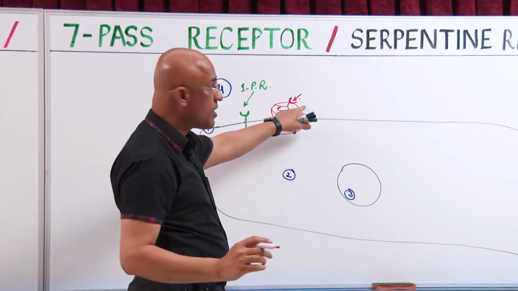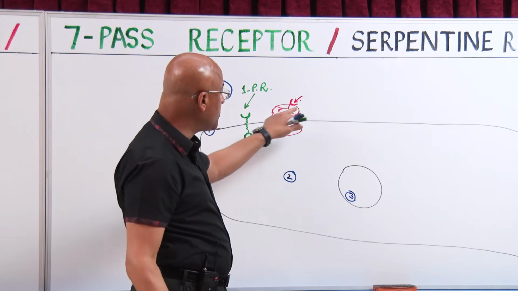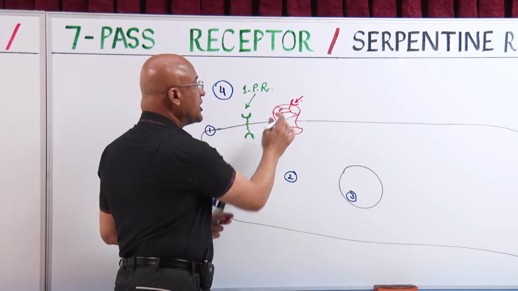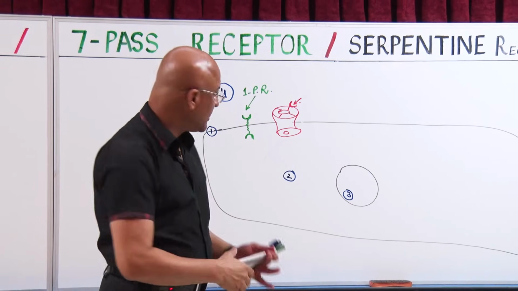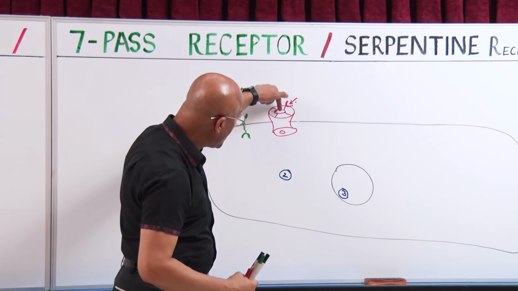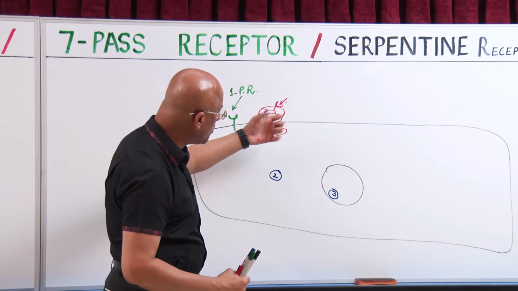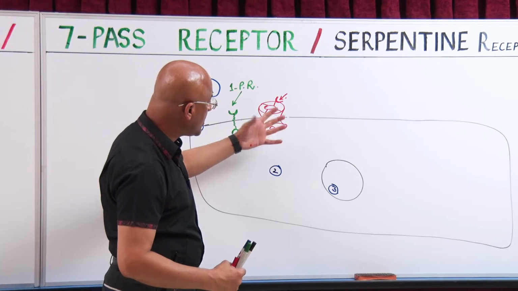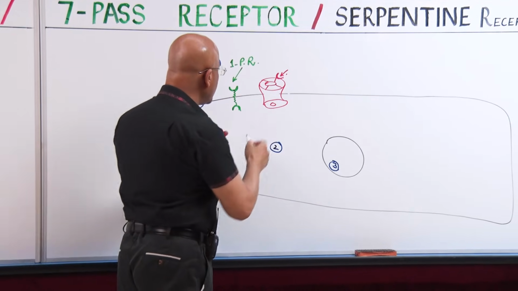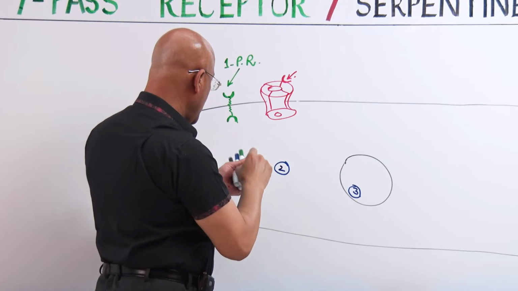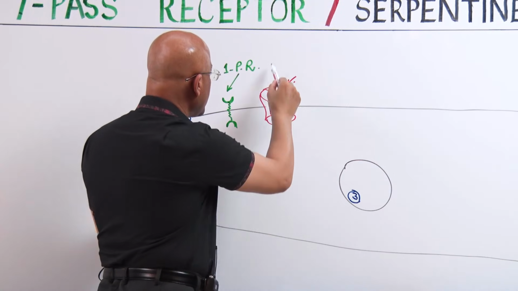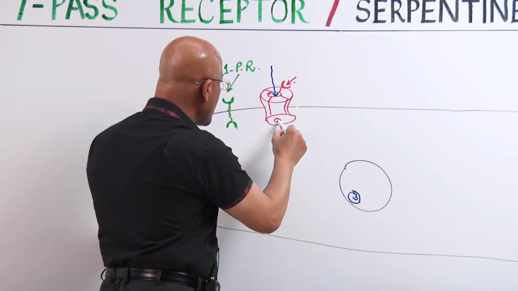So this will be the ligand binding domain, and when it binds here, let's suppose it changes the frequency of opening and closing of this receptor. So this tunnel which opens and closes, this canal, okay, let me tell you exactly.